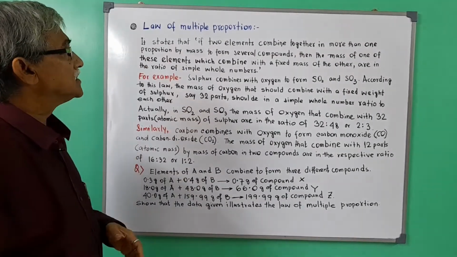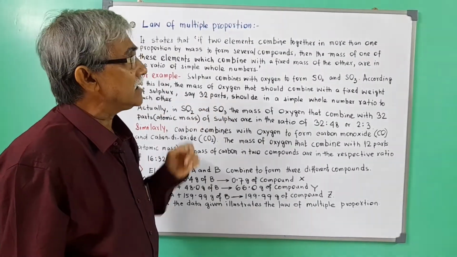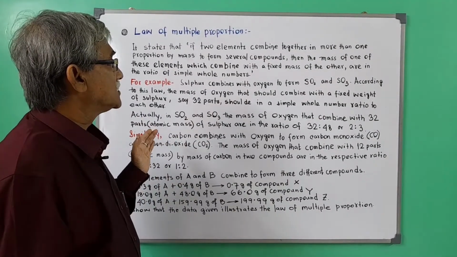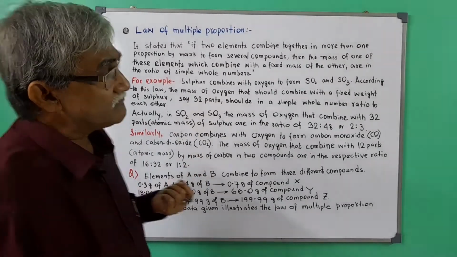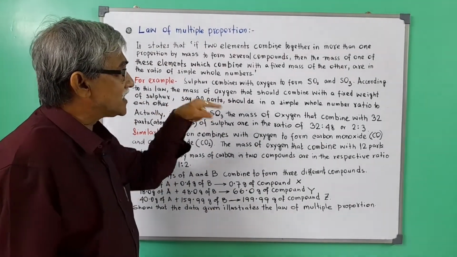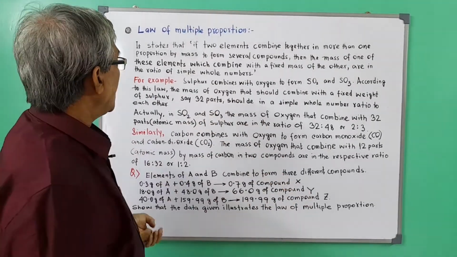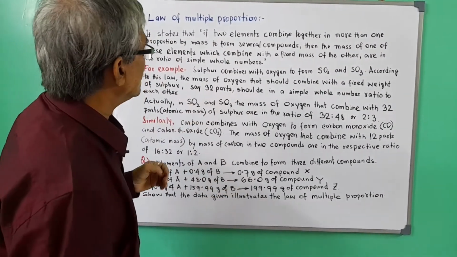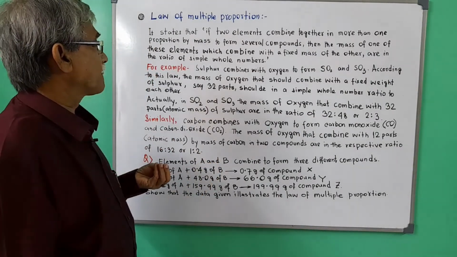It states that if two elements combine together in more than one proportion by mass to form several compounds, then the mass of one of these elements which combine with a fixed mass of the other are in the ratio of simple whole numbers. This is the law. To some extent, it's a bookish law, so let us explain it.